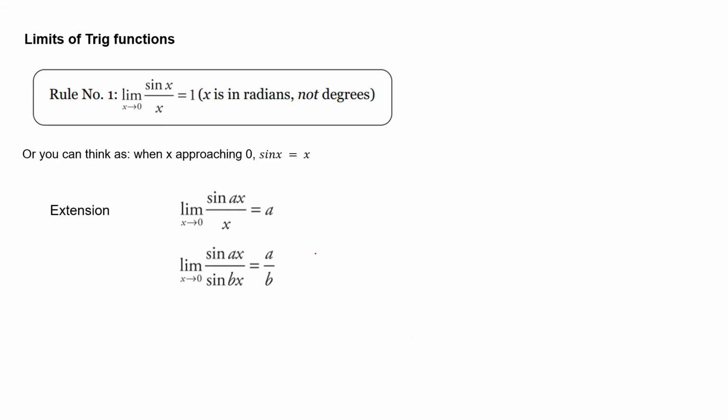And we also need to discuss the limits of trig functions. So we have rule number 1. When x approaches 0, sine x over x is equal to 1. Here x is in radians, not degrees. Or you can think of it as when x approaches 0, sine x is almost equal to x.